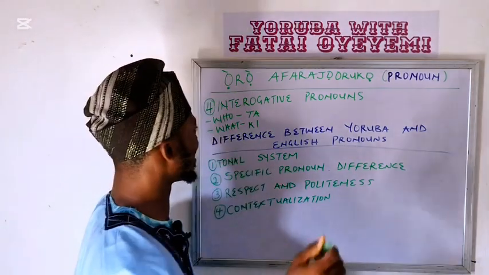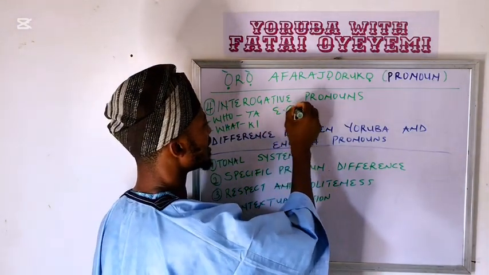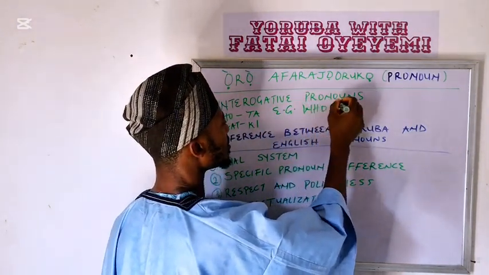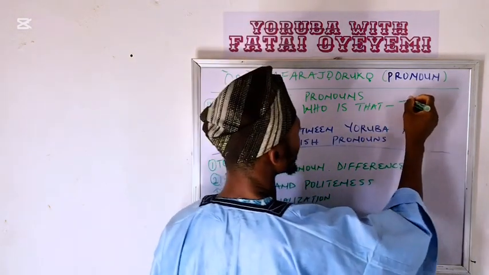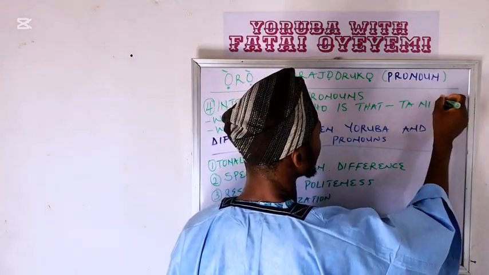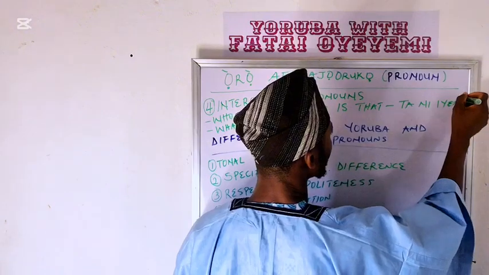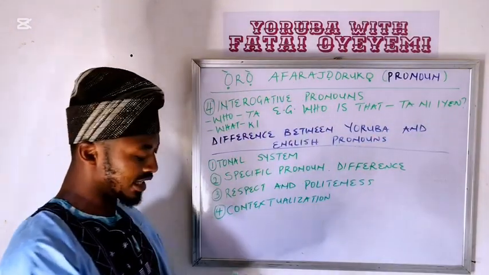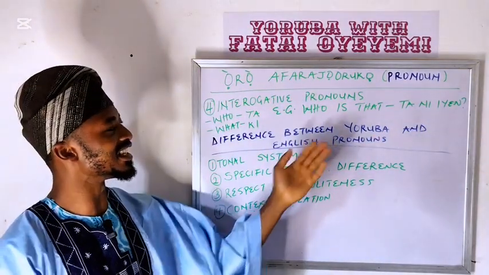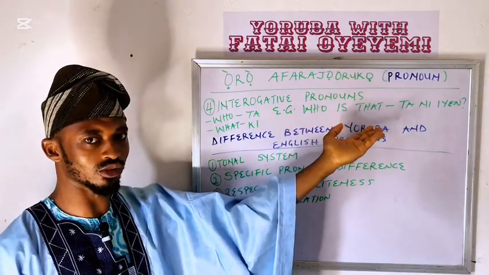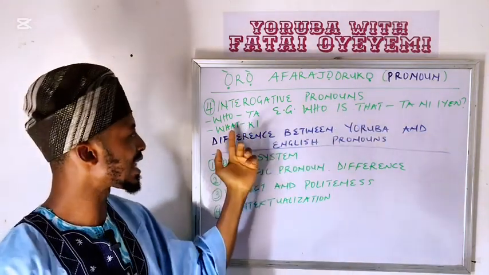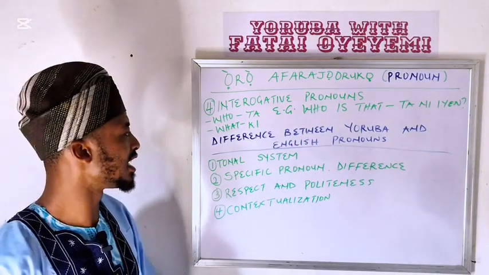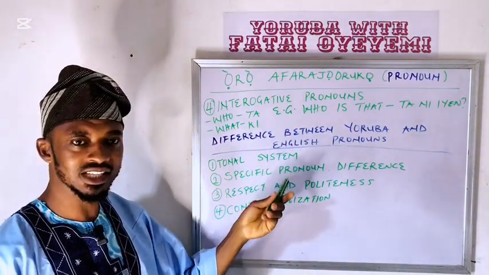So let's just take that. So we say, for example, who is that? Ta ni iyen. So you can see this sentence now has 2 pronouns in it. The first one is who and that. Ta ni iyen, who is that? And what? Ki.